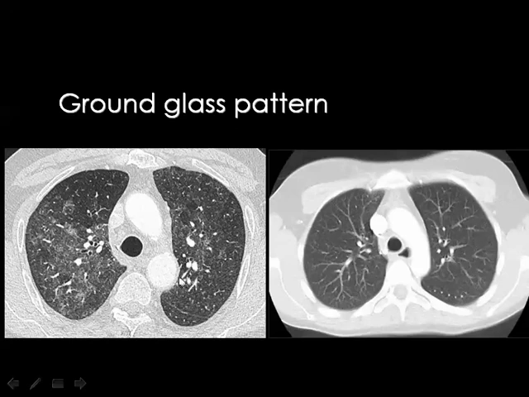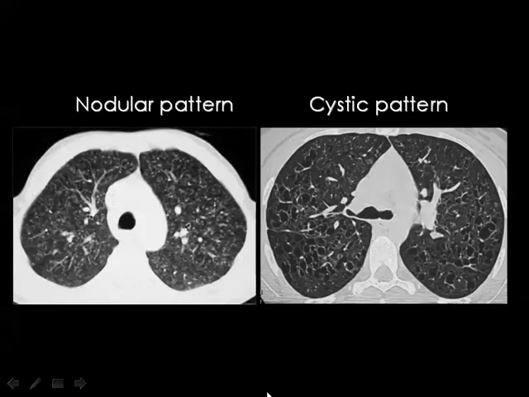The ground glass pattern can be seen in every case of diffuse lung disease. But whenever it is seen alone, it means something. Whenever it is seen with other opacities, we interpret the case according to the other opacities present in the lung, as I will explain to you.